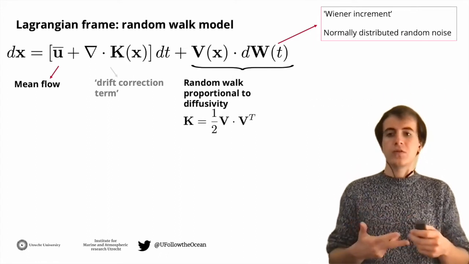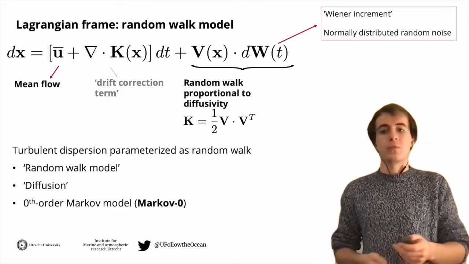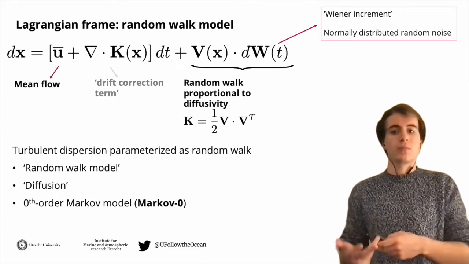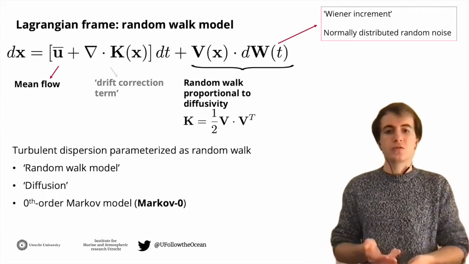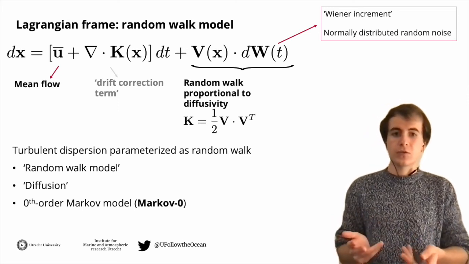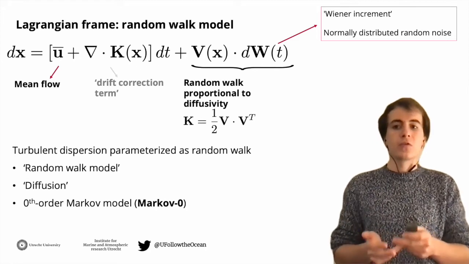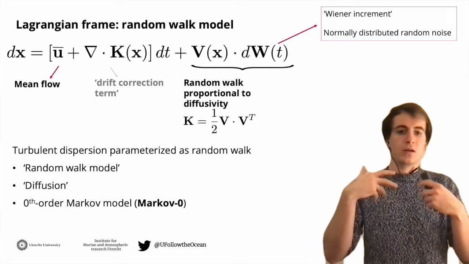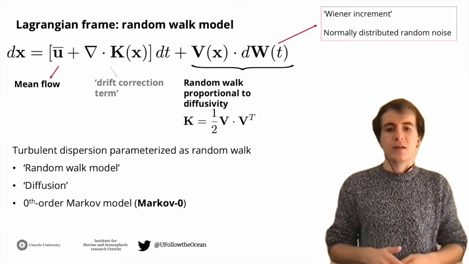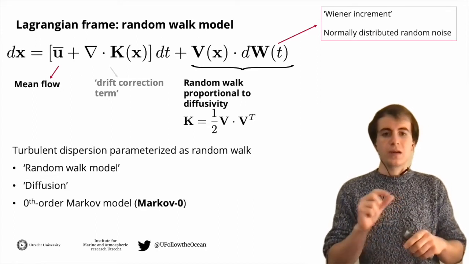This dispersion model goes by several names. It's sometimes called the random walk model, since we have a random walk on particle positions. It's also sometimes called simply diffusion, due to the link with the advection diffusion equation. And it is also referred to as the 0th order Markov model, where Markov corresponds to the Markovian property that successive displacements in space are completely uncorrelated.